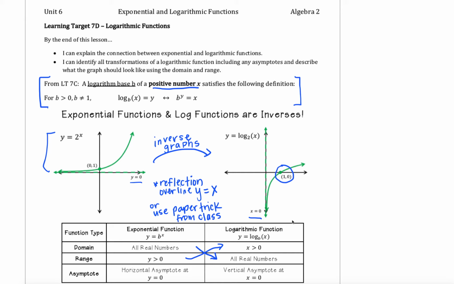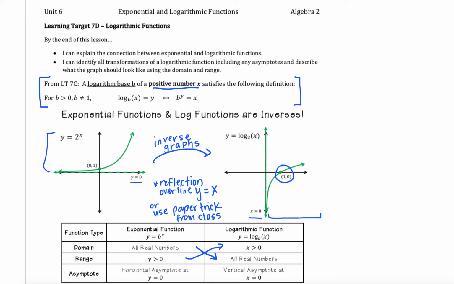And we can see this in the graph here. In a log function, we just have a domain of x being strictly greater than 0. And on the graph, that's represented because nothing passes that vertical asymptote. There are no x values or y values or points even over here on the left side of the vertical asymptote. This is actually in the definition of a log function as well.